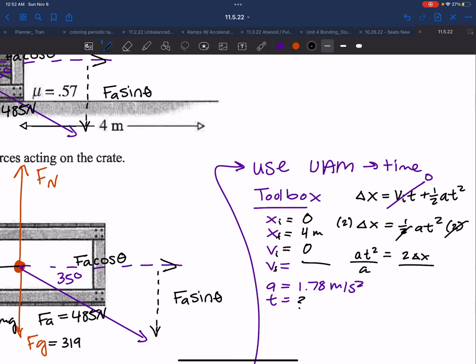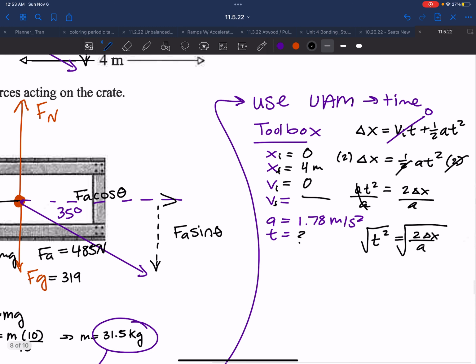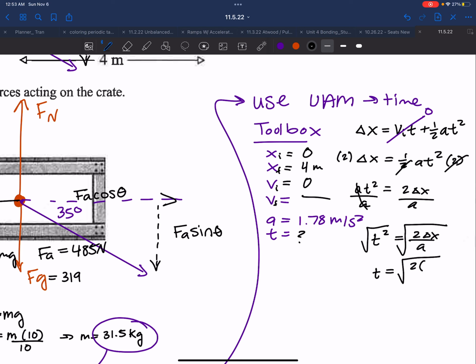So divide by a on both sides, and it'll end up being 2 times change in x over a. Put a square root on top of that, and then t should equal the square root of 2 times distance over a. So we're going to do 2 times distance, which is 4, over 1.78.